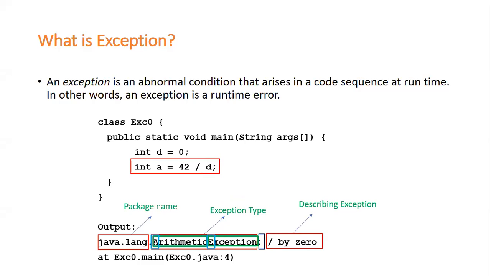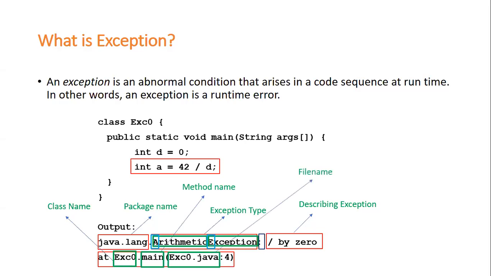The division by zero says why this exception has occurred, in other words it describes the exception. Next, ex0 is the name of the class, main is the method name, ex0.java is the file name, and 4 is the line number, right? All these things I have discussed.